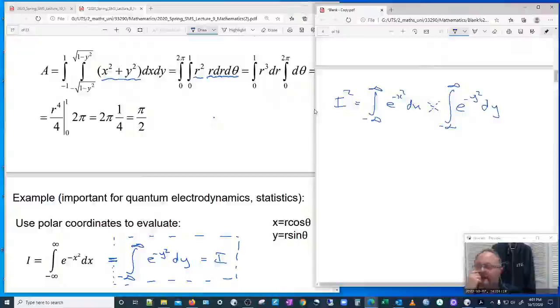Okay, so now we've got something where we can think about our index rules. So what we can do is use our index rules.